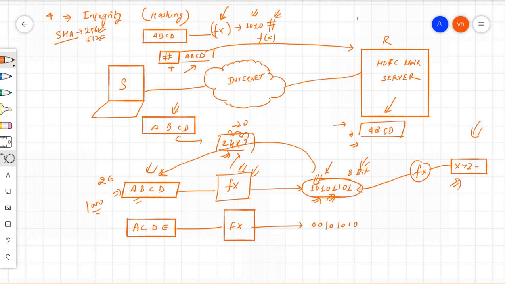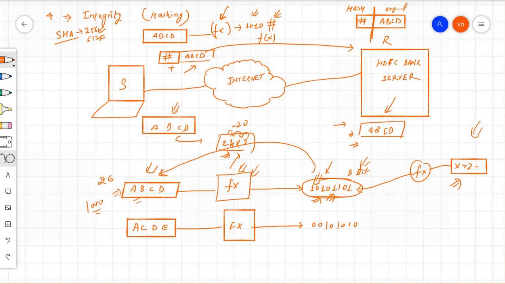When this guy receives this packet with hash, I think you must have figured out what the receiver will check. The receiver will divide this packet into two parts. One is the hash, and the other one is the original value. Correct?